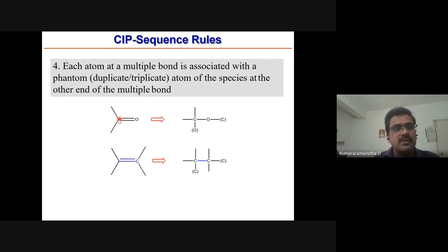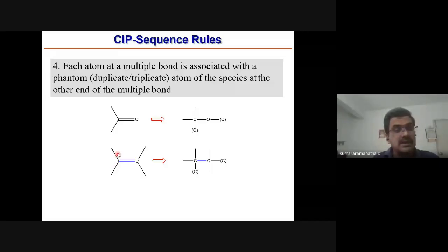C double bond O means C is bonded to oxygen twice. So you have written like that. Do not worry about the single bond and the double bond, in the sense of sigma bond and pi bond. You are supposed to write it compared to carbon which is bonded to only carbon. So if you have a double bond, you count 2 times. If you have a triple bond, you write 3 times.